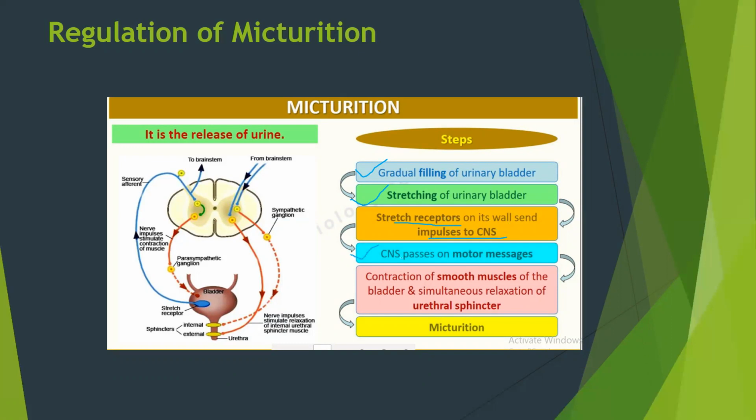This central nervous system passes on the message to the motor neurons, and there is contraction of the smooth muscles of the bladder, and this in turn stimulates the relaxation of the urethral sphincter, which leads to urination. So these are the steps of micturition.